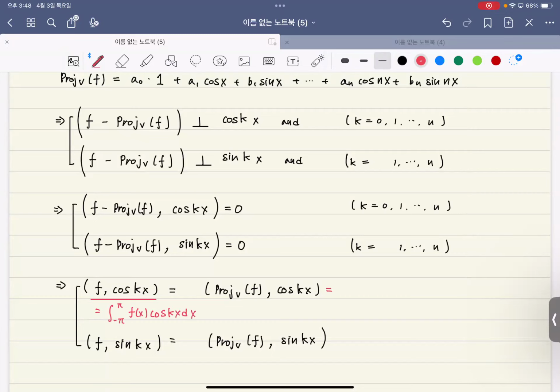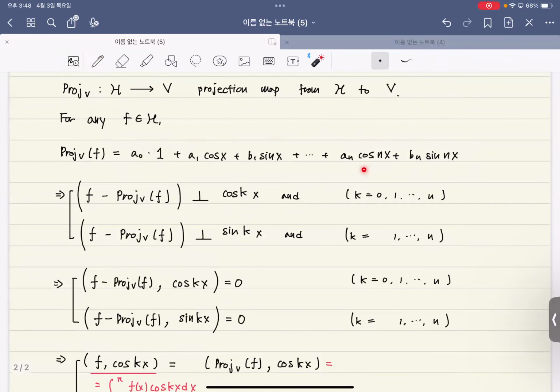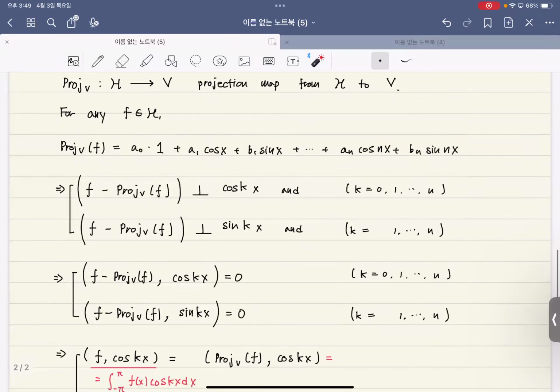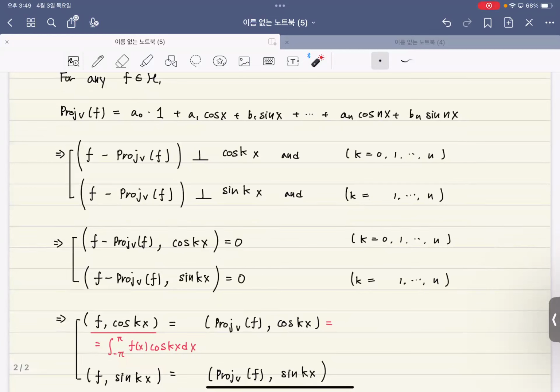Let me replace the projection by this huge expression. Then because of the orthogonality of the basis vectors, this is simply ak times the inner product of cosine kx with itself.